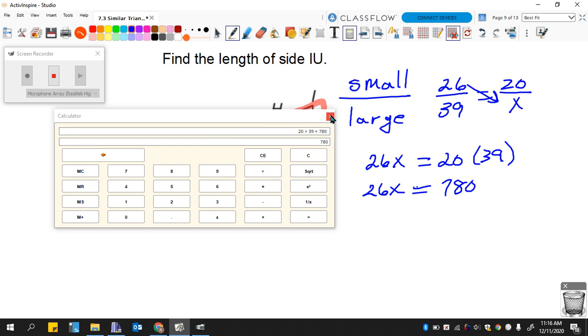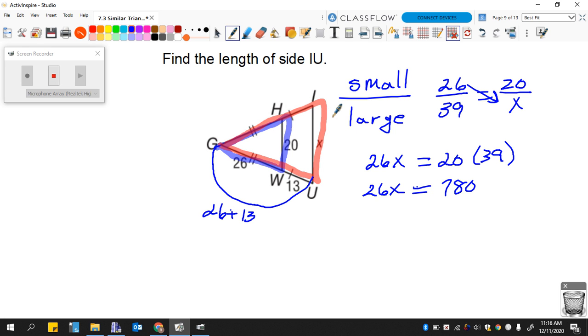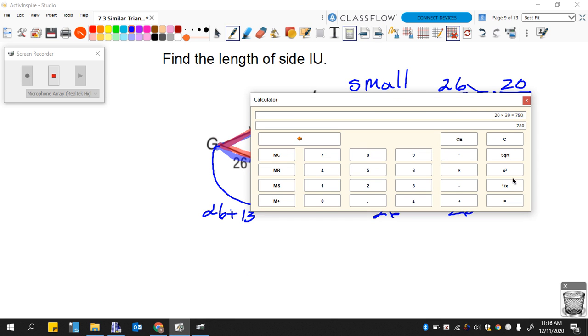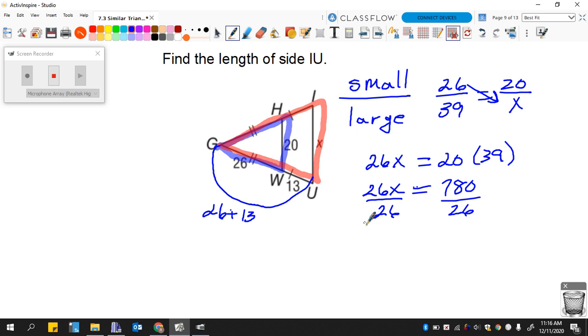All right. And then we divide by 26. And so we have 780 divided by 26 gives us 30. Okay. So x is equal to 30.